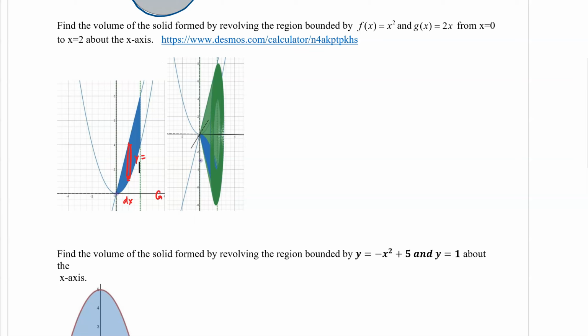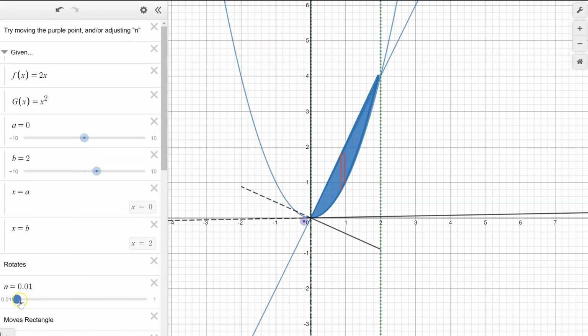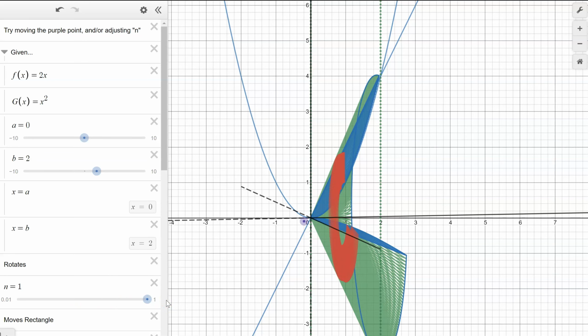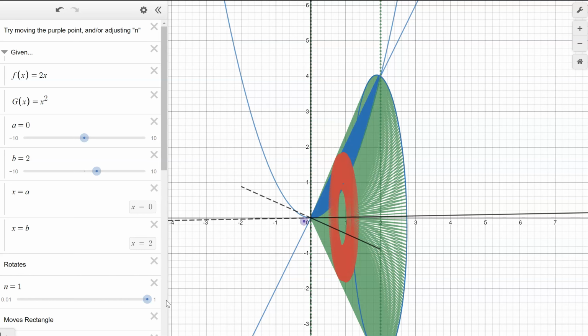So let's look at how this looks with Desmos. So now if we rotate it, we get this.